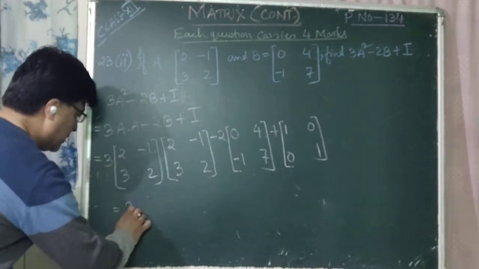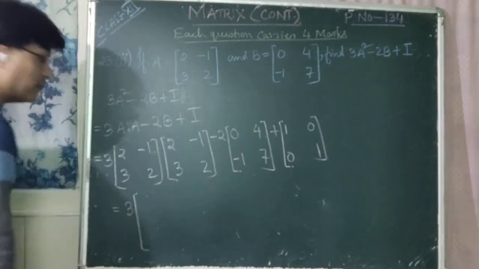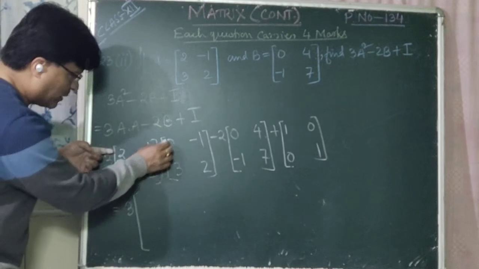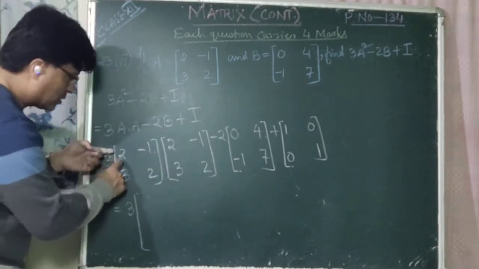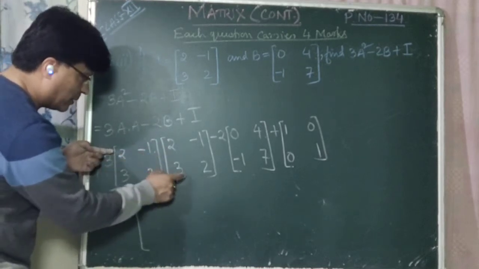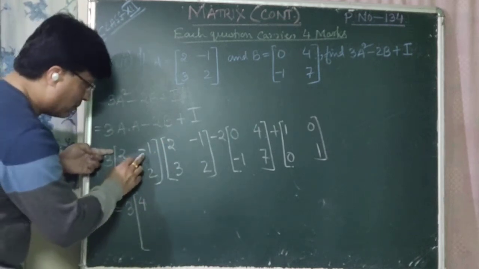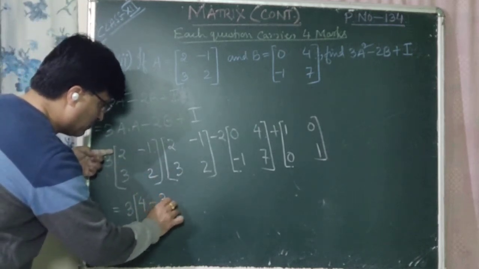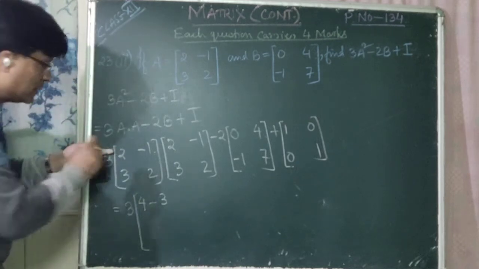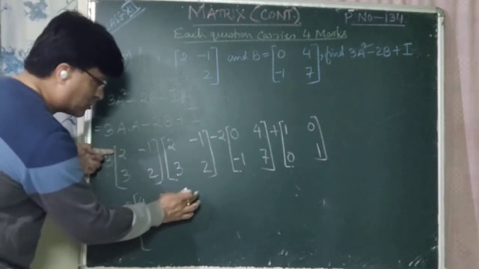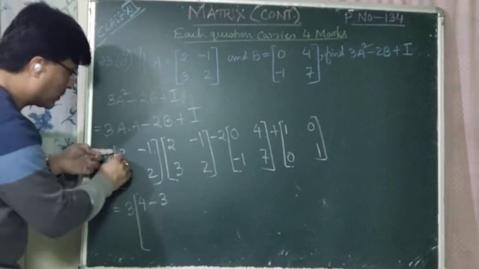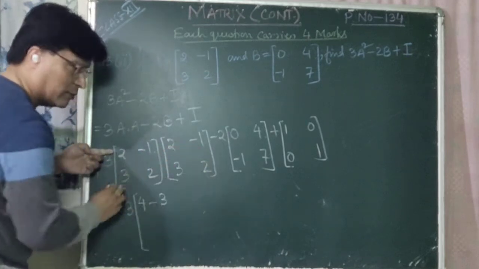Is equal to 3. Let us multiply them. First row by first column. You know that corresponding elements should be multiplied. 2 2s are 4. Minus 1 into 3, minus 3. Right? Again, first row by second column.